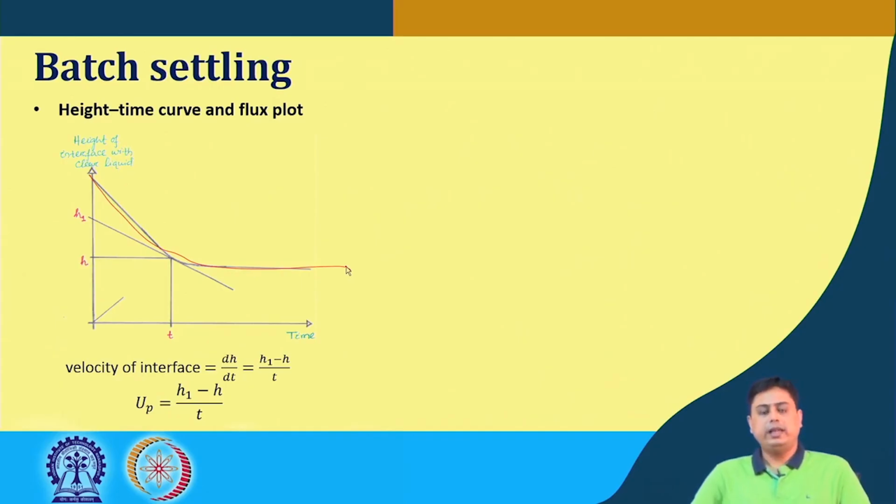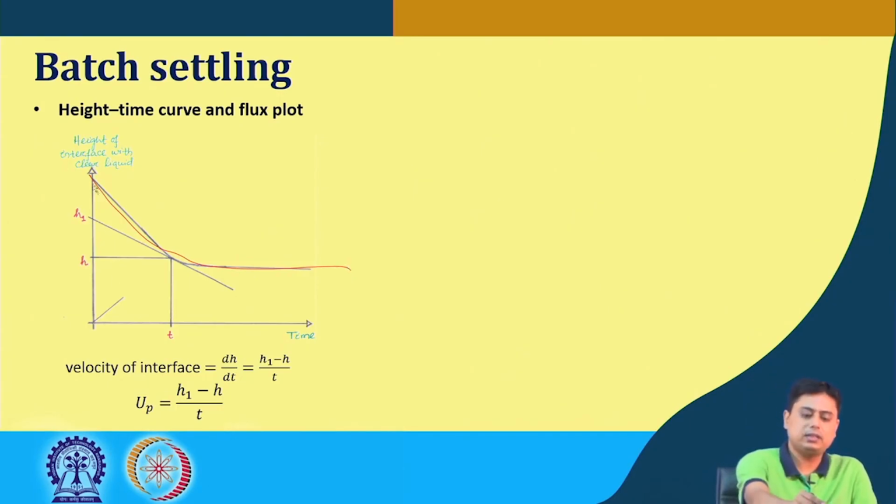That means the interface of the clear liquid zone and the suspension is at a distance h from the bottom at time t. We can get that height from this height versus time data.